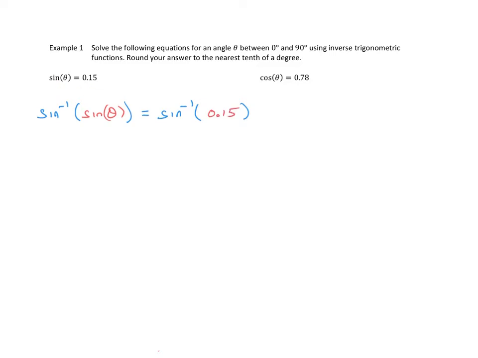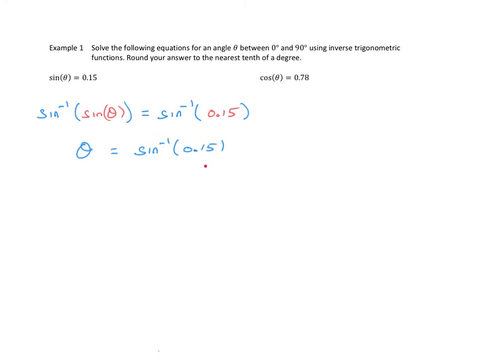If these are equal, so are these, because I did the same thing to both sides of my equation. The way we define sine inverse, sine inverse of sine of theta cancel, and it leaves you with just theta. On the other side, I have sine inverse of 0.15. This means you actually solve for theta, which is equal to whatever number this is.